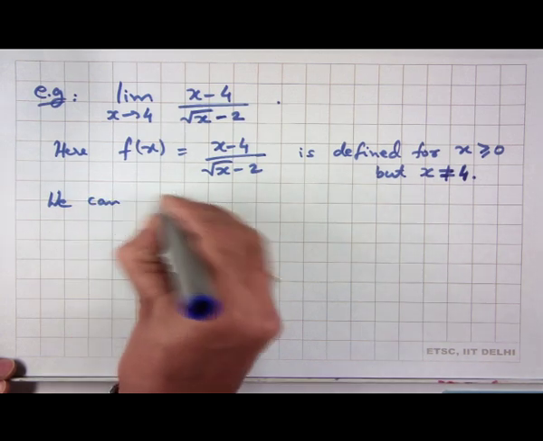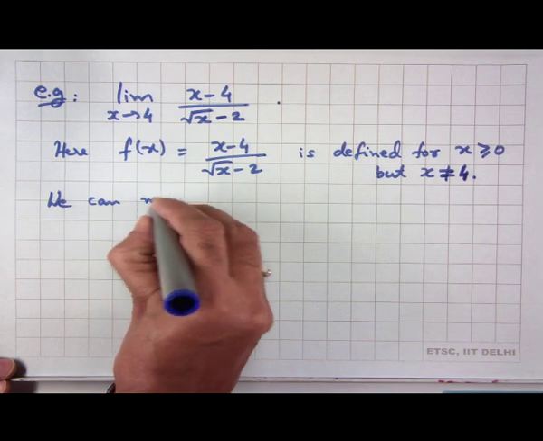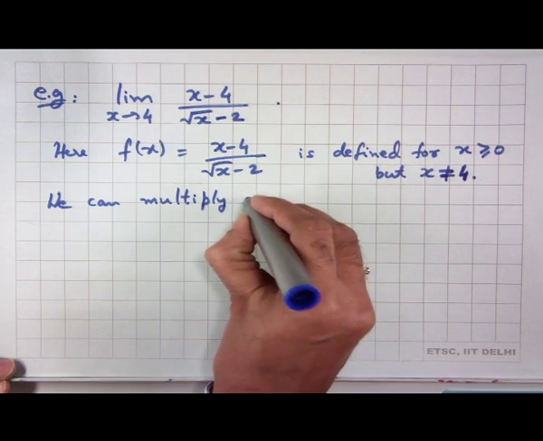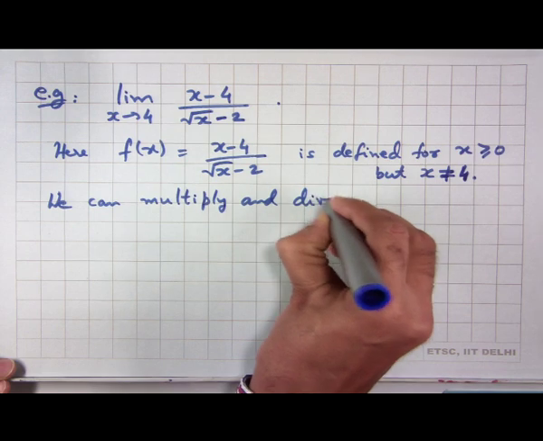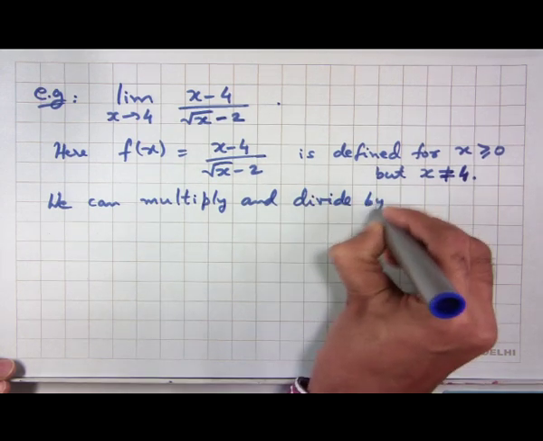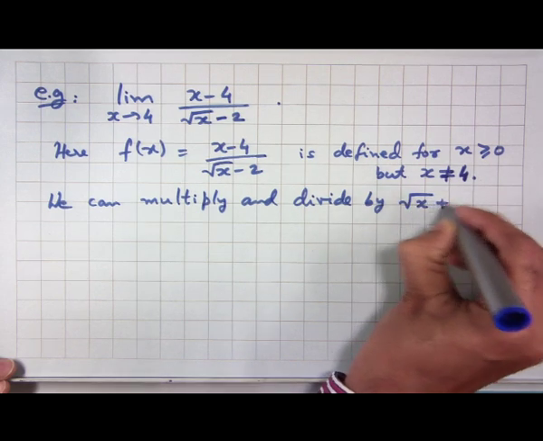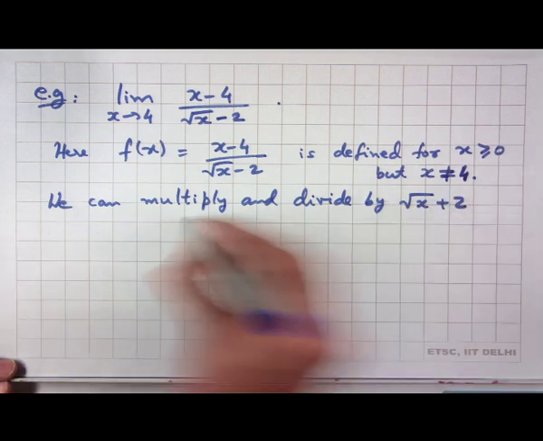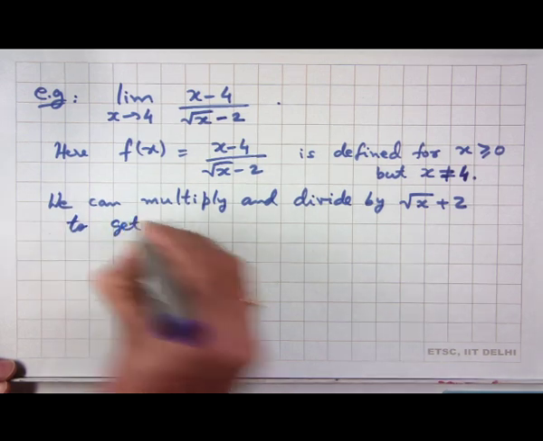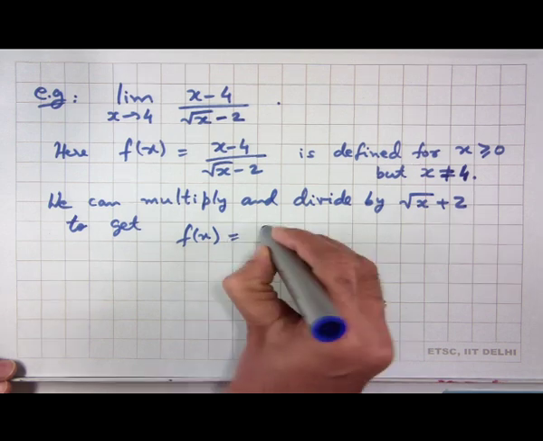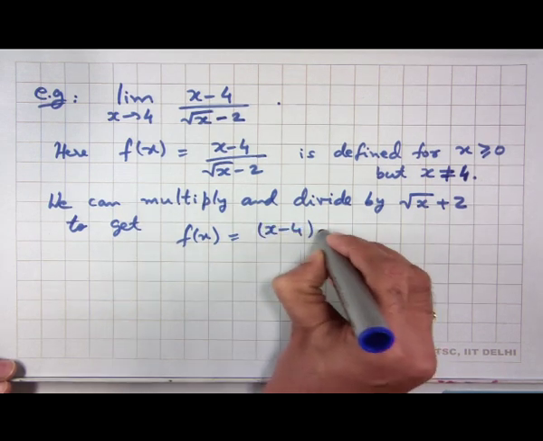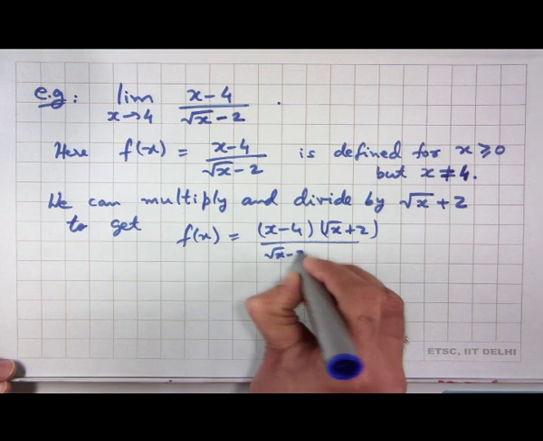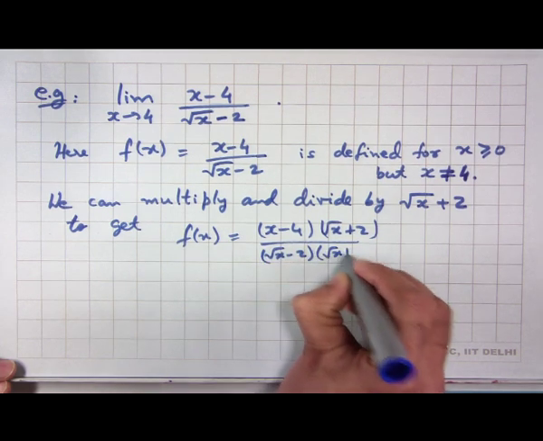We can multiply and divide by square root x plus 2, the conjugate of square root x minus 2, to get f x equal to x minus 4 times square root x plus 2 divided by square root x minus 2 times square root x plus 2.